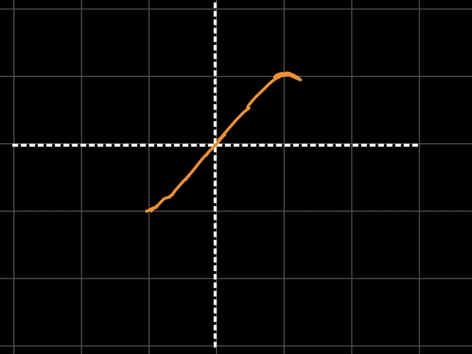Always. Unless you're applying any shifts to it. I drew this wrong. But it has points that'll pass through, and then it will just look something like that. But it always passes through the center, and that's one of the most identifying factors of a sine graph.